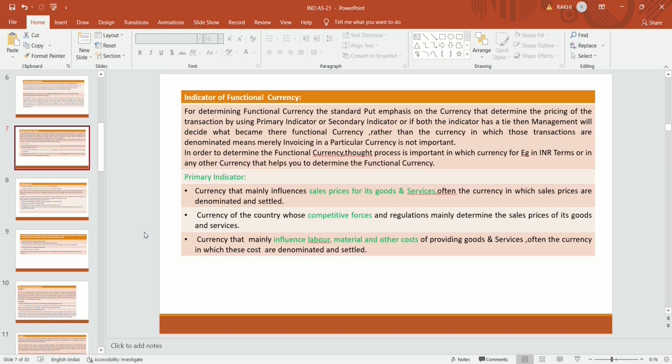Means the currency which influences the sales price for its goods or services becomes the primary indicator. So sales price becomes the primary indicator. We will check in which currency the entity sells its product.